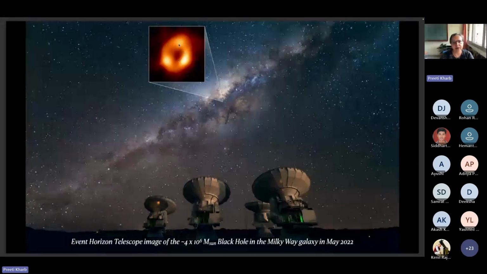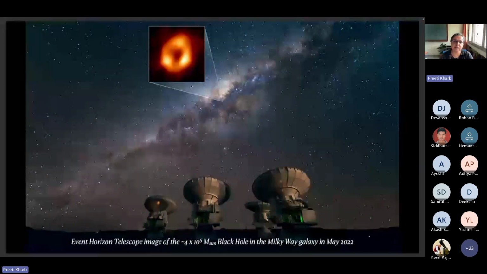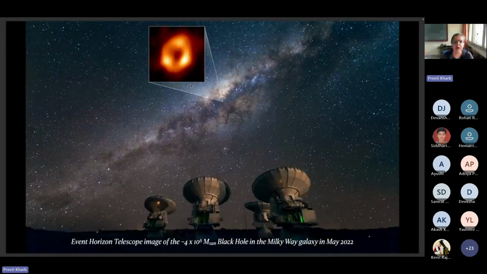And the ring around it is expected to be the material which is moving at almost relativistic speeds around this black hole, probably in an accretion disk.